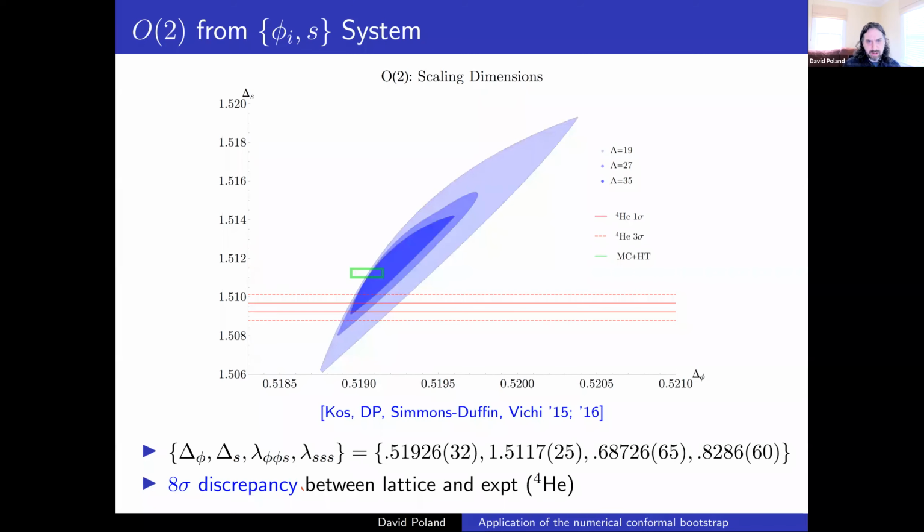But here I want to show you an example of where, pushing to higher lambda, you can see that the islands were shrinking, but they're doing it at a relatively slow rate. On the other hand, by including more external operators into your system, you can do much better.